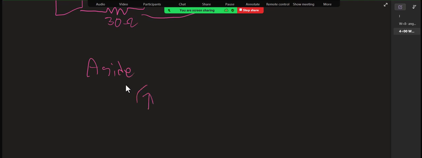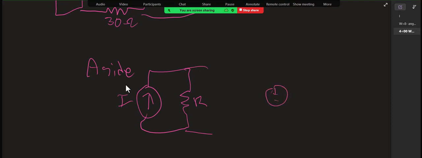If I have a current source and a resistor in parallel, so this is R and this is I, that is equivalent to a voltage source and a resistor in series. And the voltage source will have its polarity with the plus in the same direction that the current was pointing, and this will be IR. Now, not as relevant for AC because the current is oscillating, but for DC it matters.